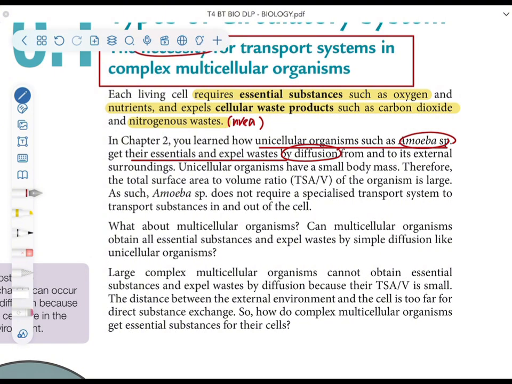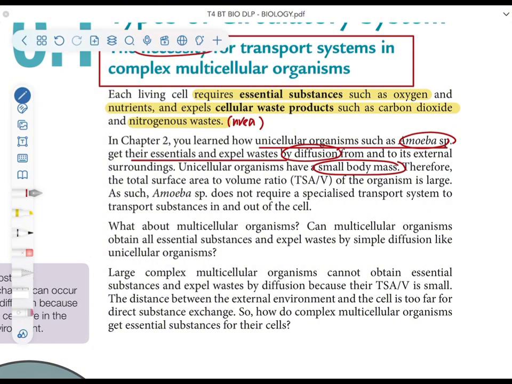The reason why amoeba and paramecium species can get their essentials and get rid of the waste so easily is because they have a small body mass. As you know, we cannot see unicellular organisms because their body size is too small, so we need to use the microscope to observe them.